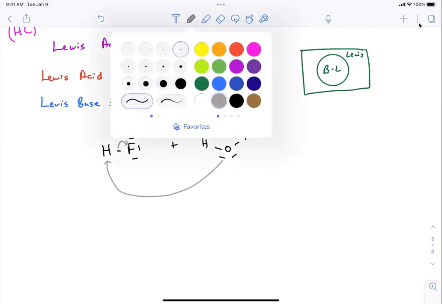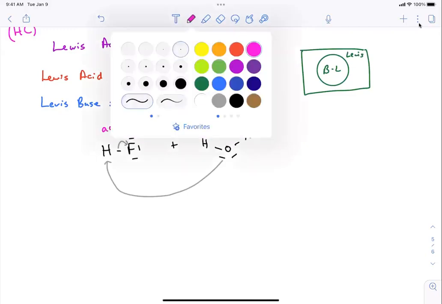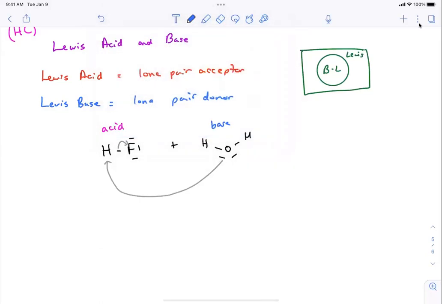And so if you think about it, the water is not only accepting a hydrogen as a base, but it's also donating a pair of electrons so that it can happen. Okay, so that's why the definitions are kind of similar. So this is your acid, and this is your base in terms of Bronsted-Lowry and Lewis acid and base.